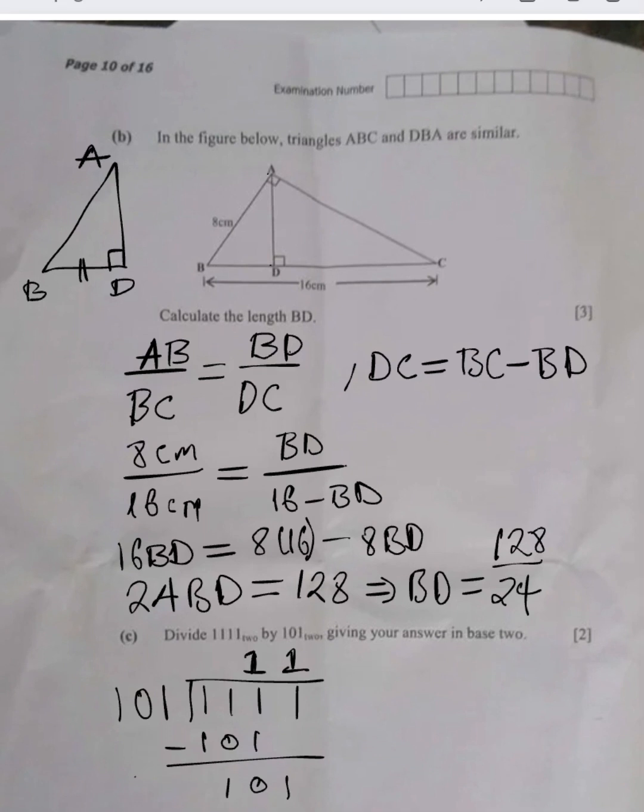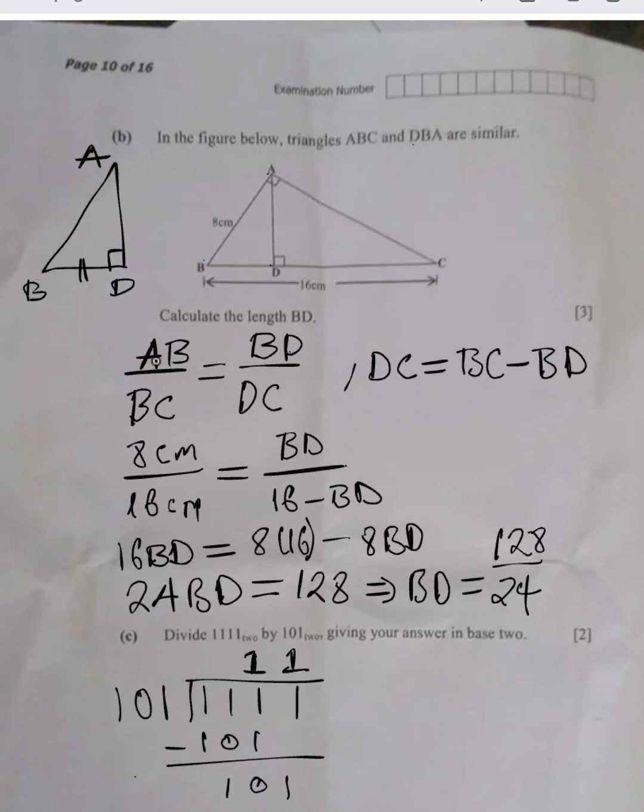Okay, the next question, we have question B. So there are many methods that you can use to solve this problem. Probably you could have a better method. Nevertheless, I used the fact that these are similar triangles. We have ABC, which is the bigger triangle, is similar to DBA. So this is DBA, that is a smaller triangle which I have drawn here.